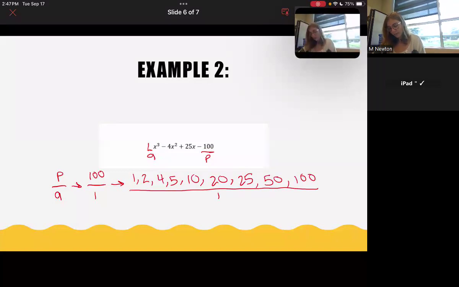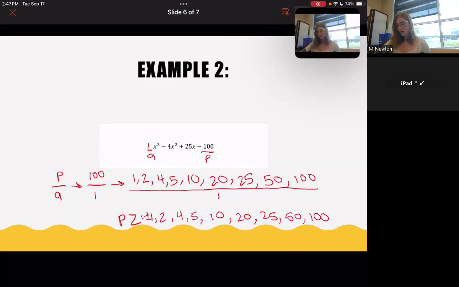So all of our possible zeros are going to be 1, 2, 4, 5, 10, 20, 25, 50, and 100. And again, all positives and negatives of each.